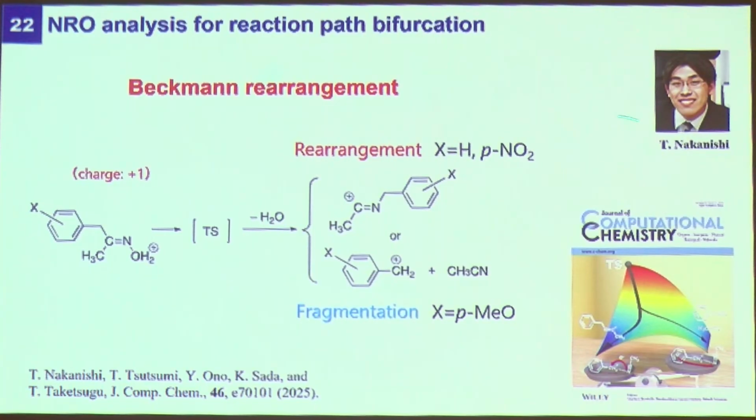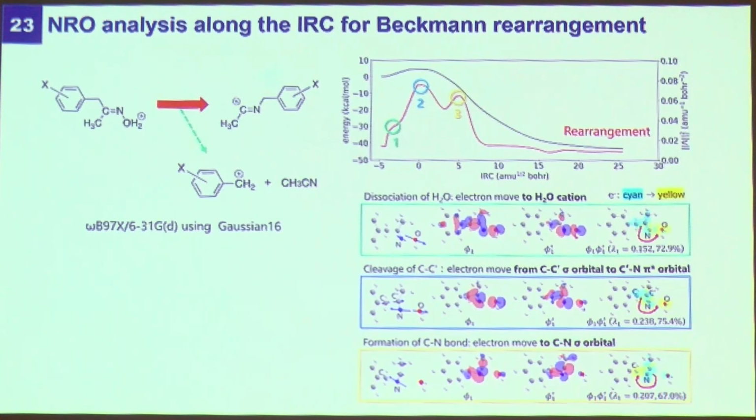And by changing the substituent X, some X lead to this product, the IRC leads to this product, and in other cases, the IRC leads to fragmentation. So initially, the base case, X equal to hydrogen. Along the IRC, this is the energy profile, and this is the singular value.